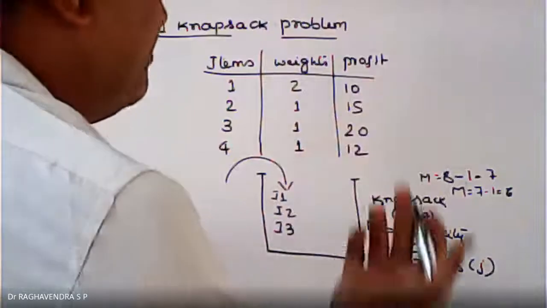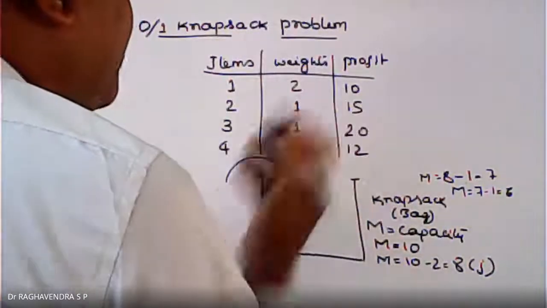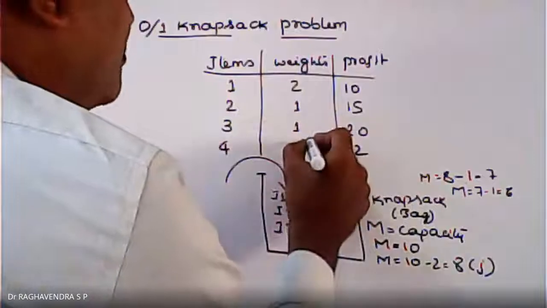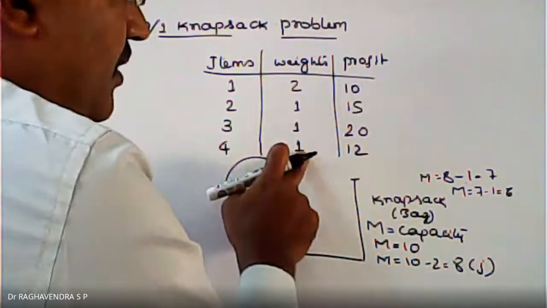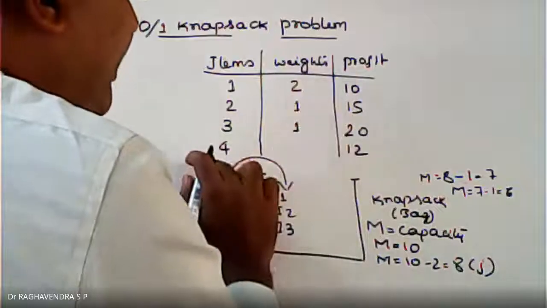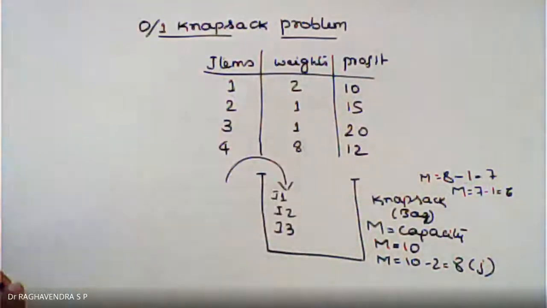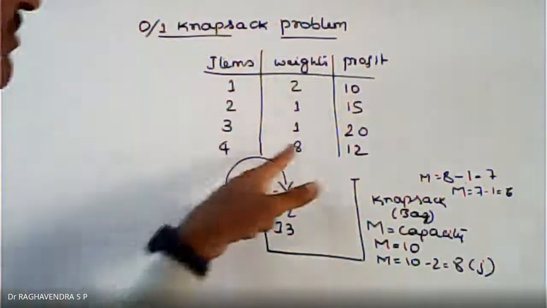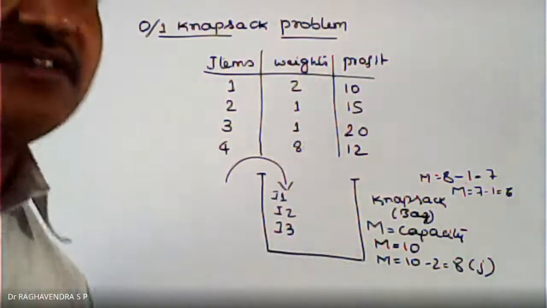Suppose there is an item 4, and the weight of item 4 is maybe 8. Can I insert item 4 into the knapsack?